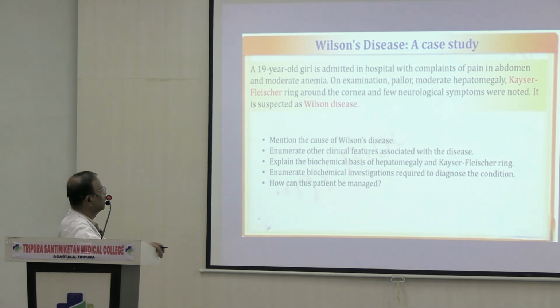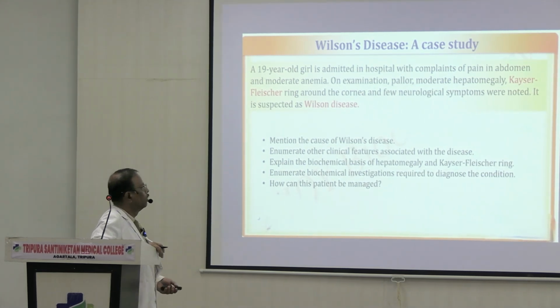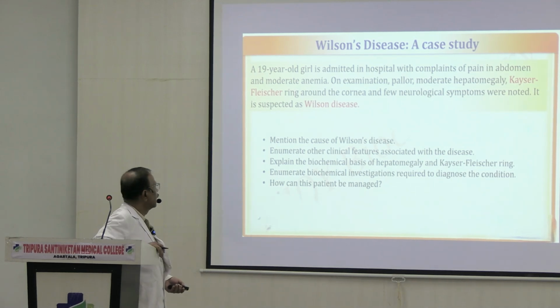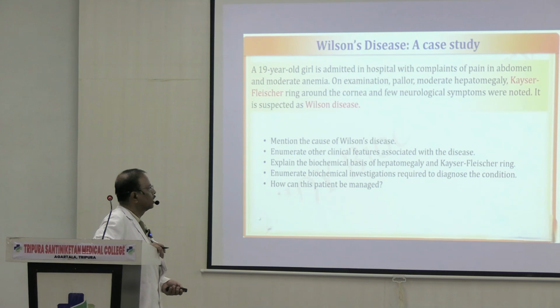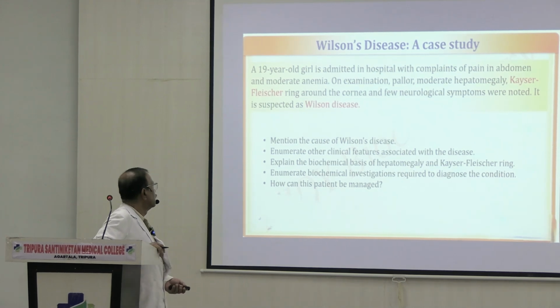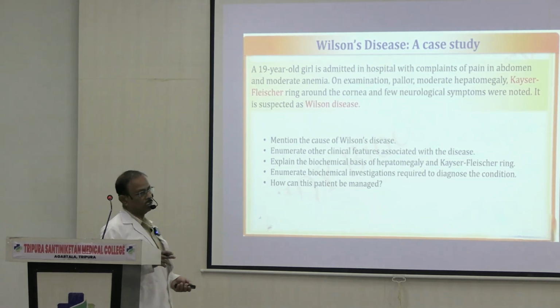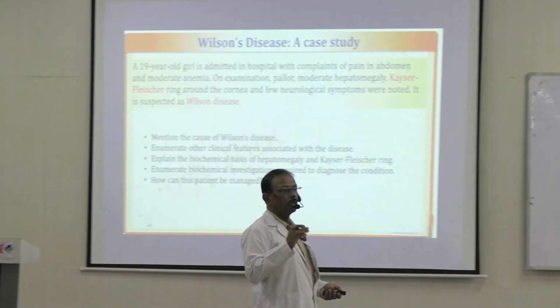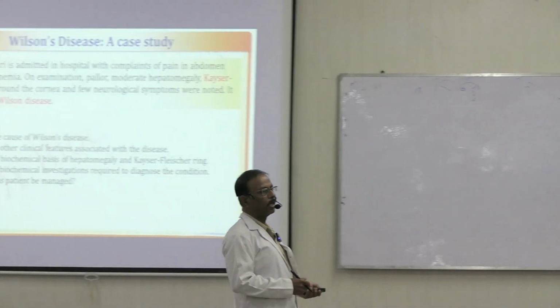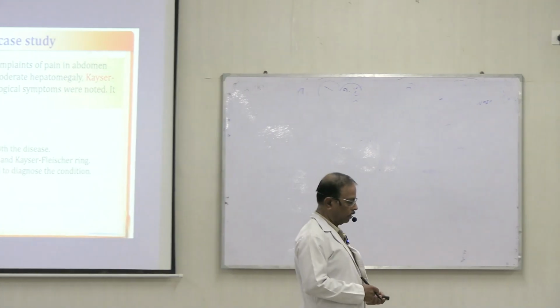On examination, there was pallor, moderate hepatomegaly, Kaiser-Fleischer ring around the cornea, and a few neurological symptoms. It is suspected as Wilson's disease. Here the name of the disease has been given, but sometimes you may not be given the name.